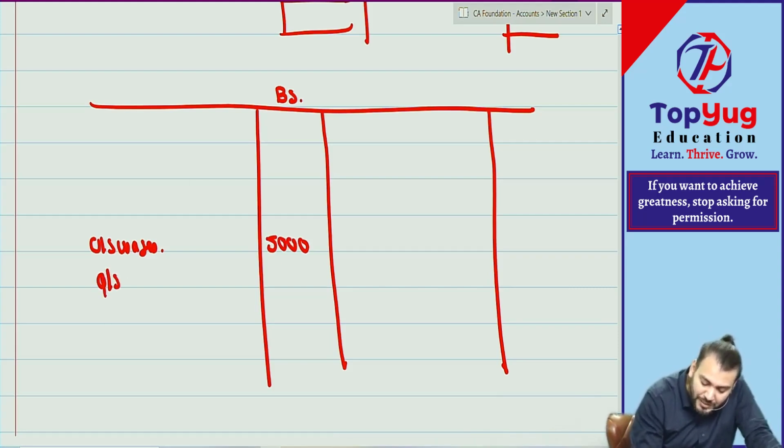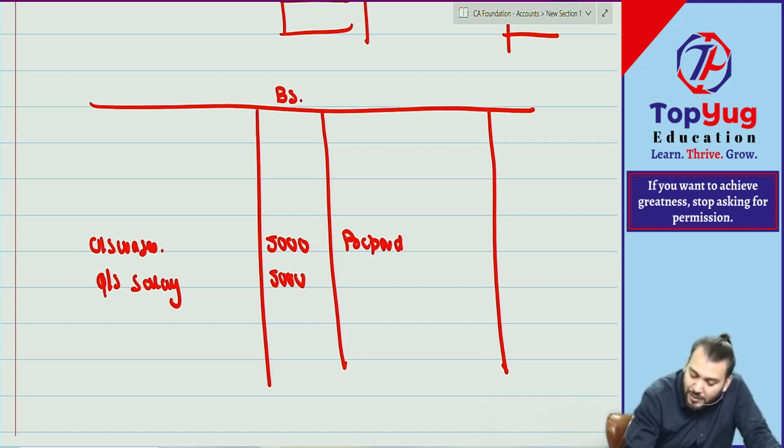So both are liabilities. 5,000. And there is prepaid wages which will come directly to the balance sheet. How much? And there is prepaid salary. How much?